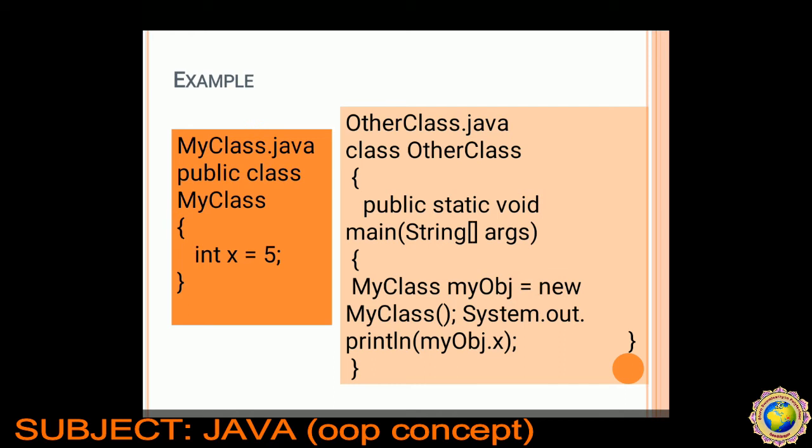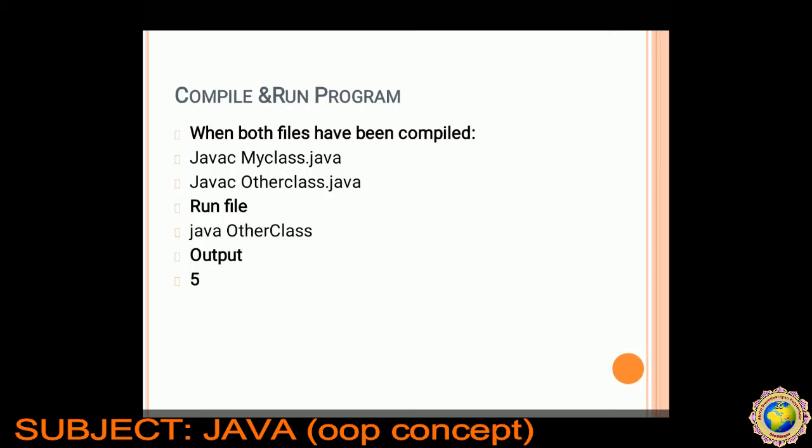Mind well, here we have created an object of MyClass. MyClass, then space, object name myObj equal to new MyClass. System.out.println(myObj.x). See, here we have created one object, myObj, and we are calling myObj.x. So which value do we get? x equal to 5.